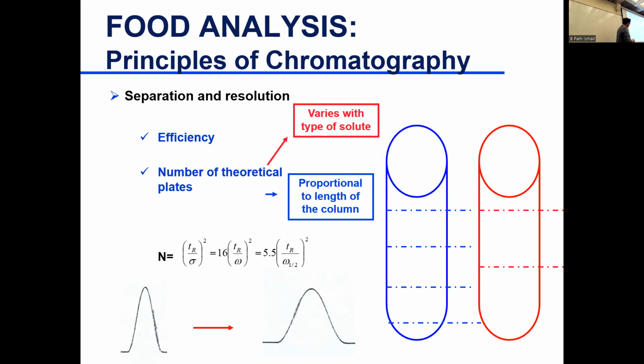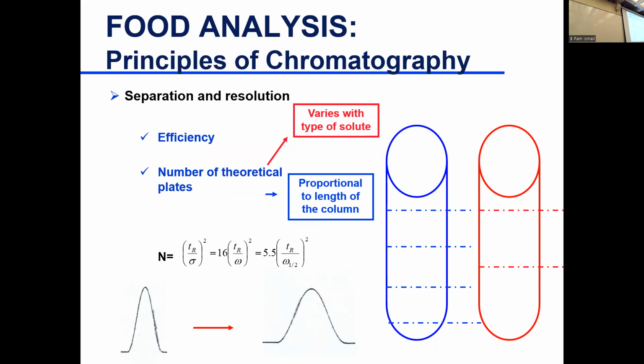Let's say we're starting with a brand new column. Brand new, you just bought it. You start with a specific number of theoretical plates. This is a plate, this is a plate, this is a plate, this is a plate.